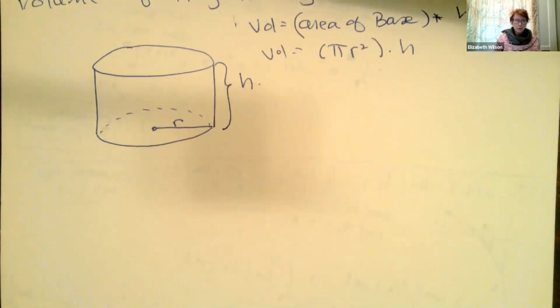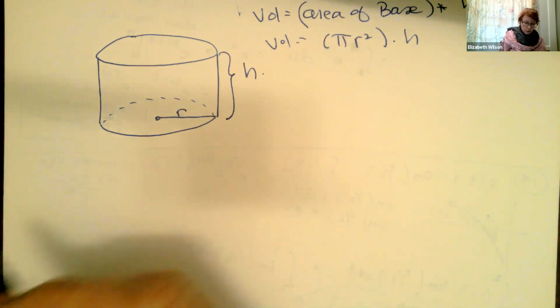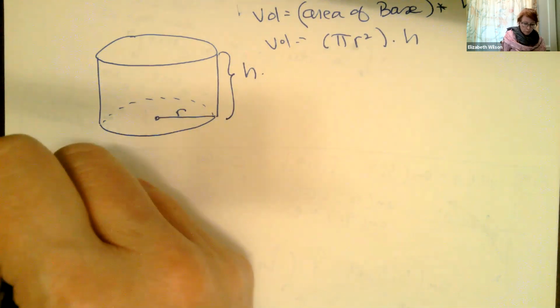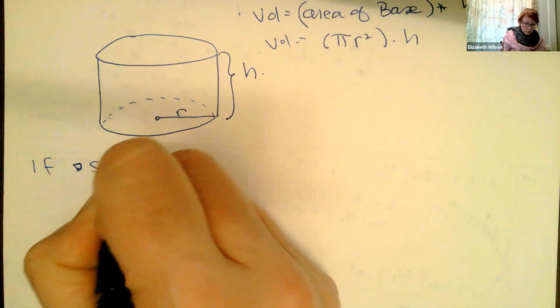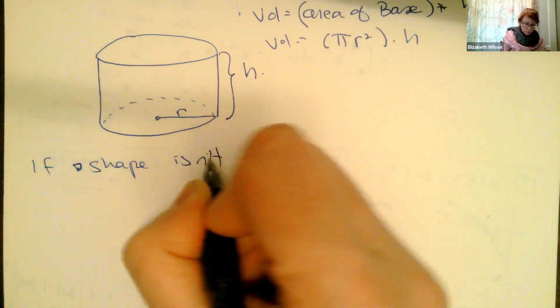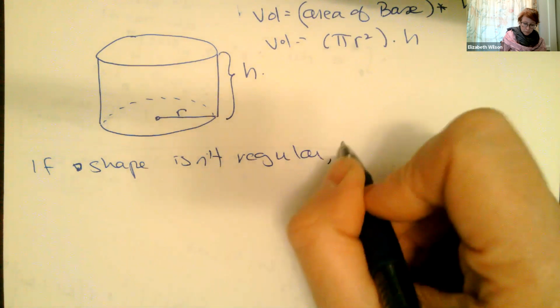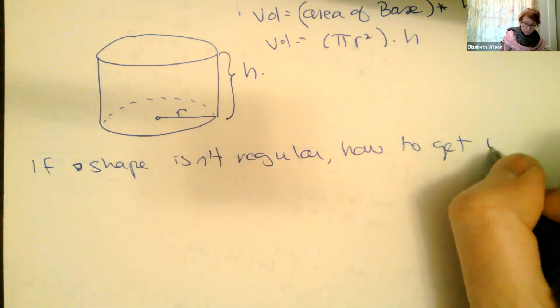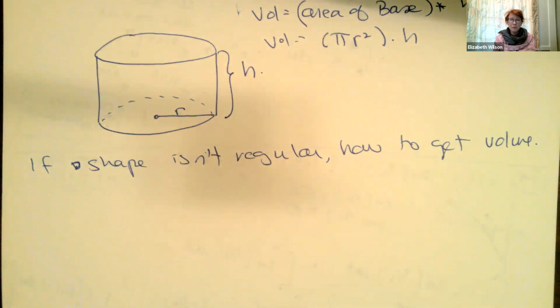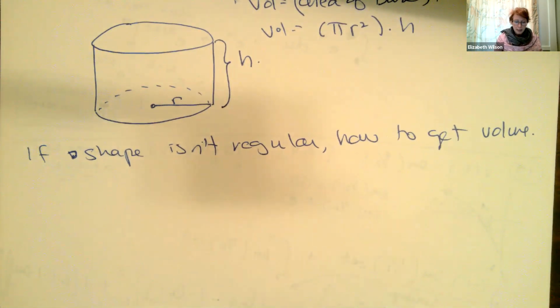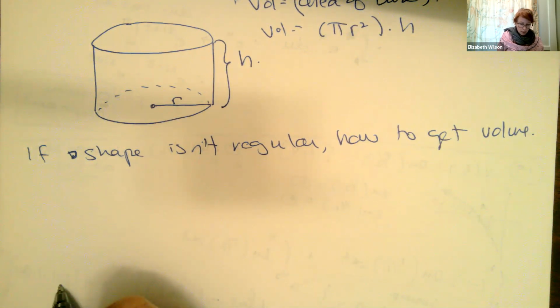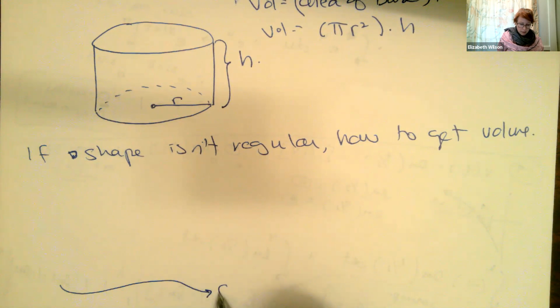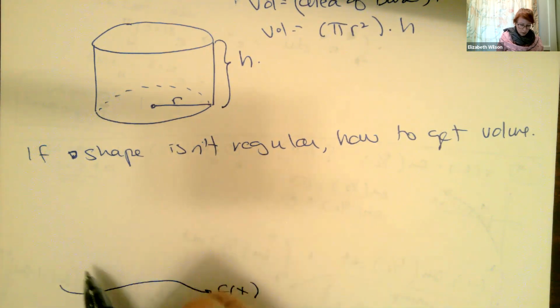But what do we do for a volume if the shape isn't a regular shape, like a geometric shape? If the shape isn't regular, how are we going to get the volume? Well, remember, it's still the same idea as the area of the base times the height. So our volume is still going to be the same, but now the base is defined as a function, and say I've got some other function.